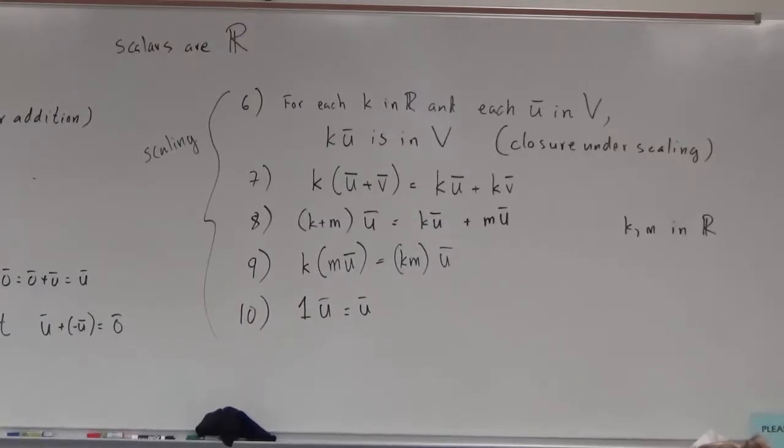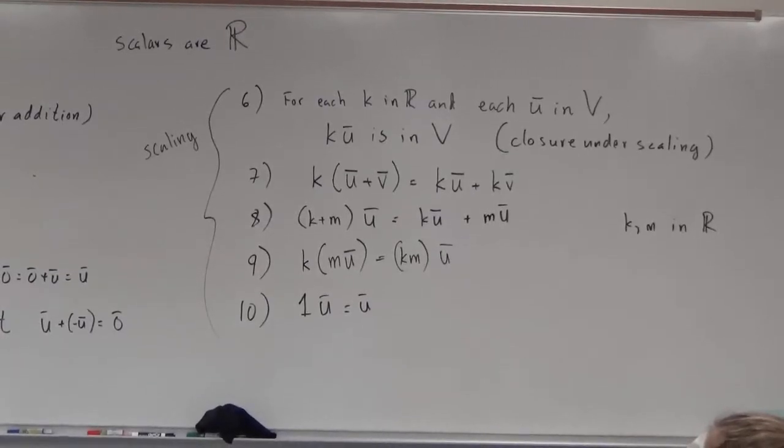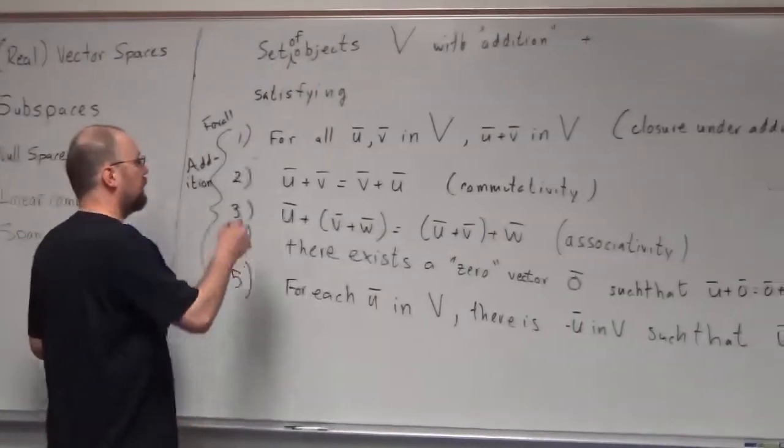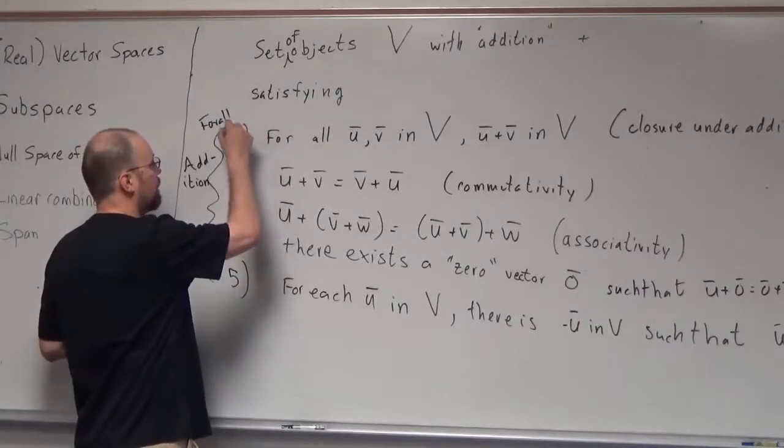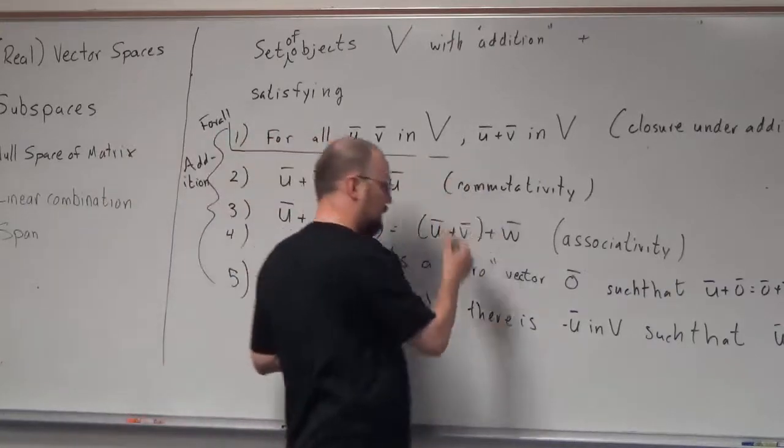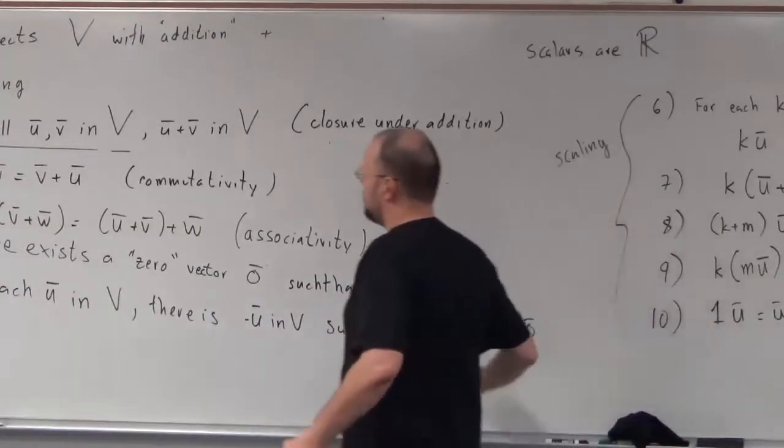All right, so if you want to check whether some set of objects with addition defined on them is a vector space, what I would recommend is first checking these two. These are the key ones, because they're also going to be important later when we talk about subspaces.